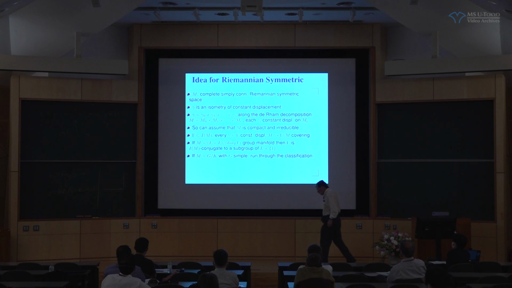Now, when you look at the proof, again, you see that the sphere is the hard case. So what's happening here is that even though the sphere was done first, and that's the hardest case, then Riemannian symmetric spaces, there are a lot of them, and a lot have to be dealt with separately, but each of them is easier than the sphere.